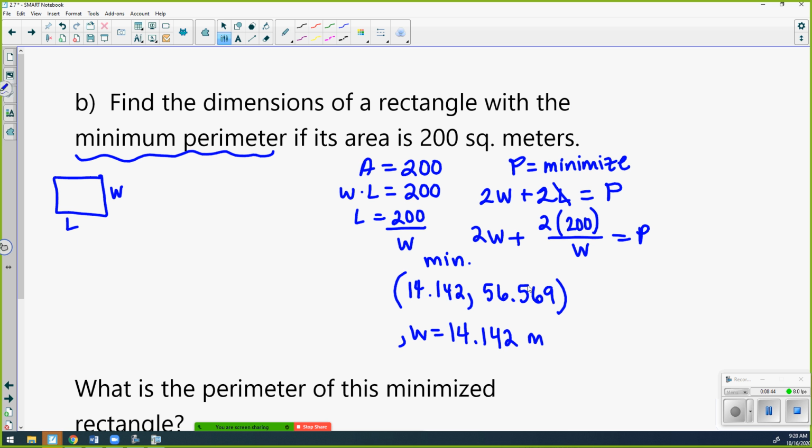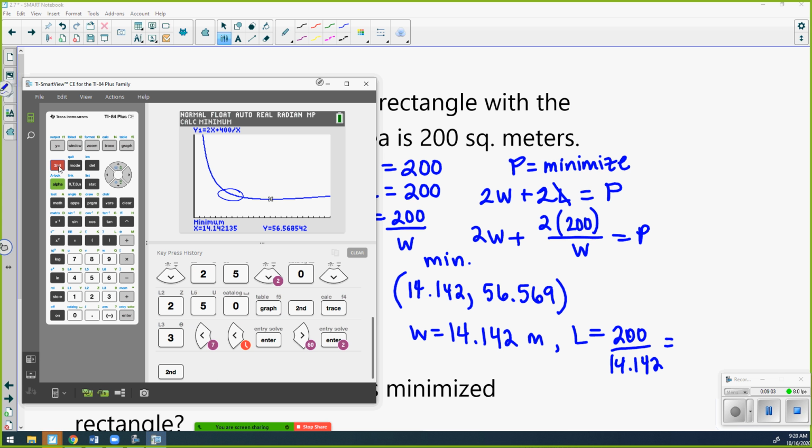So the dimensions of the rectangle will be 14.142, and then what would the length be? I also need to know the length. Remember that the length is equal to 200 divided by the width. So 200 divided by 14.142. Let's just calculate that.